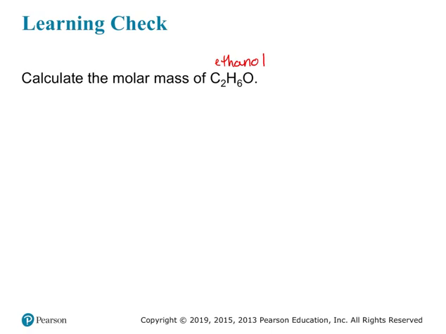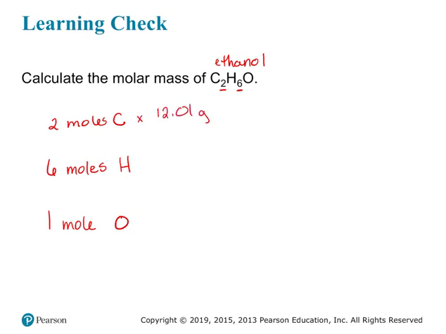Okay, so let's go over this problem. So it looks like we have 2 moles of carbon. We have 6 moles of hydrogen. And then we have 1 mole of oxygen. Okay, so we already said that the molar mass of carbon is 12.01 grams for every 1 mole.